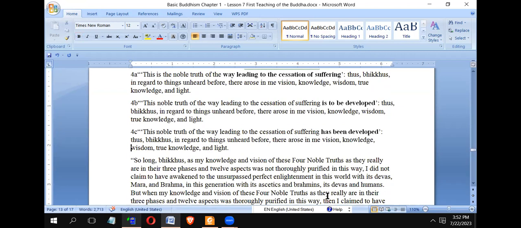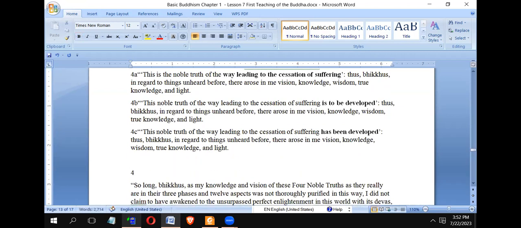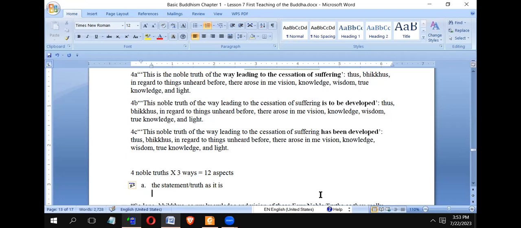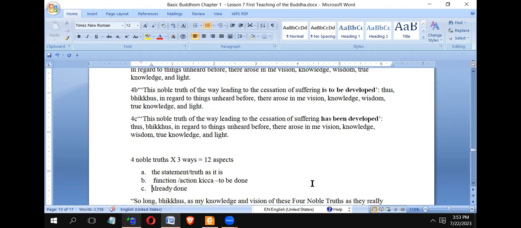So if you're talking about all this, then you notice that the Four Noble Truths come in 3 ways, times 3 ways, like above. So there will be 12 aspects. The first way is the statement, the truth as it is. The second one will be the function or action, to be done. The third one is already done, kata, things that you have already done.